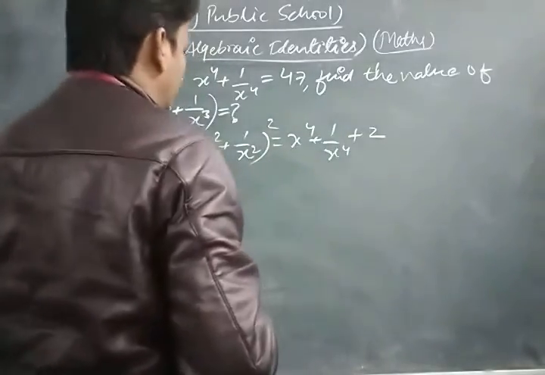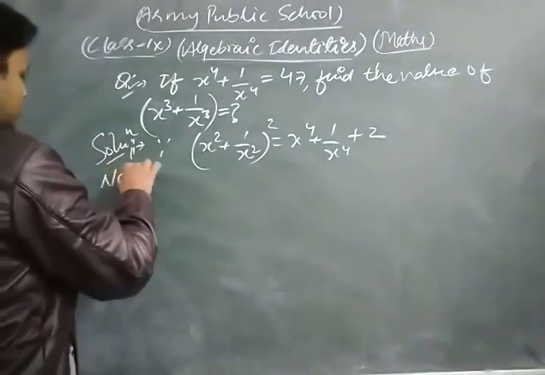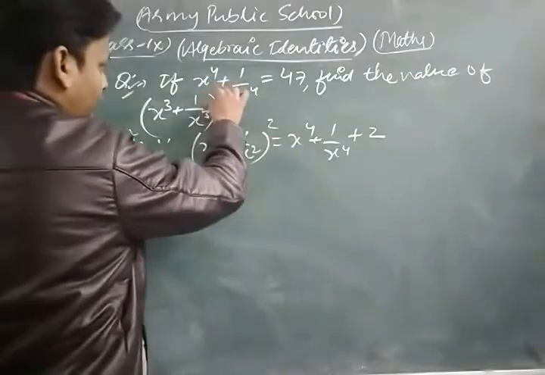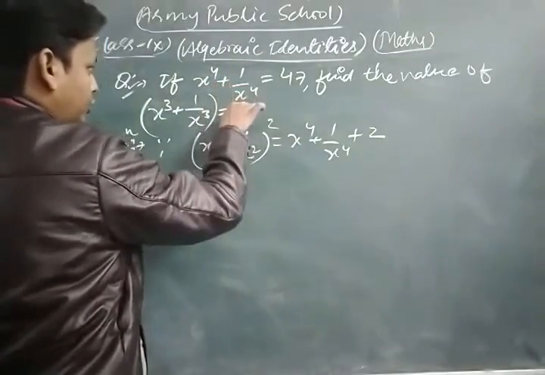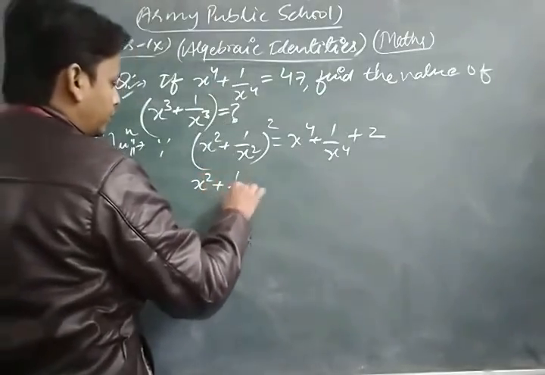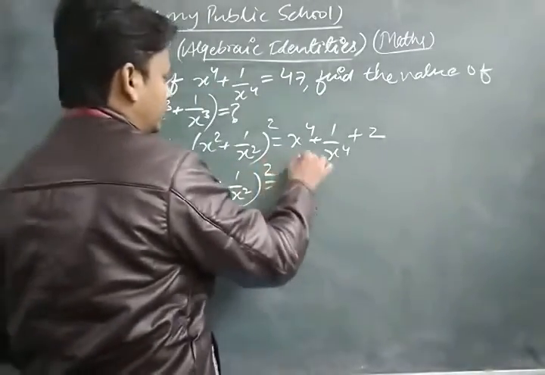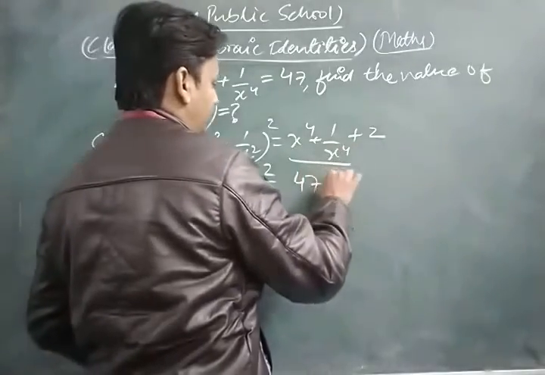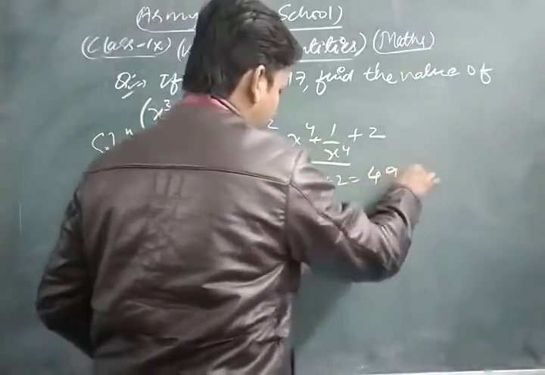So now we put the value of x to the power 4 plus 1 upon x to the power 4, that is 47. Now (x square plus 1 upon x square) whole square is equal to 47 plus 2, that is 49.